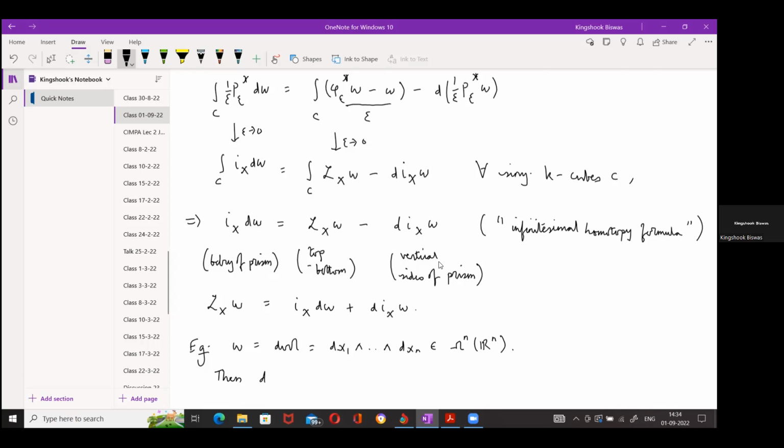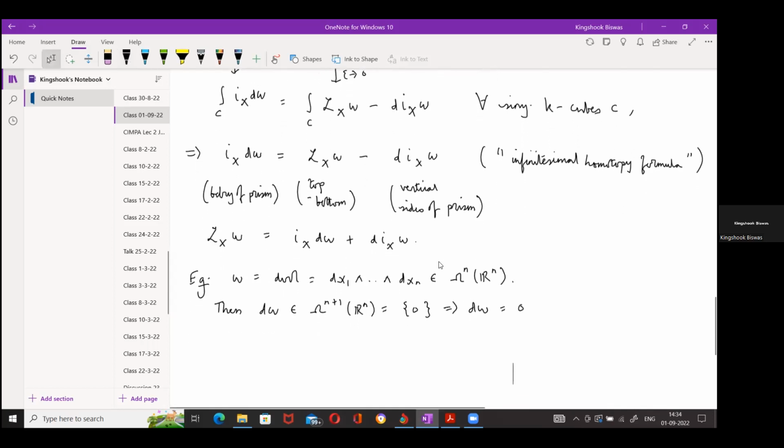Well, d omega is 0 because it's an n+1 form on Rn. So therefore, Lx d vol is just d of Ix d vol. Is this clear?